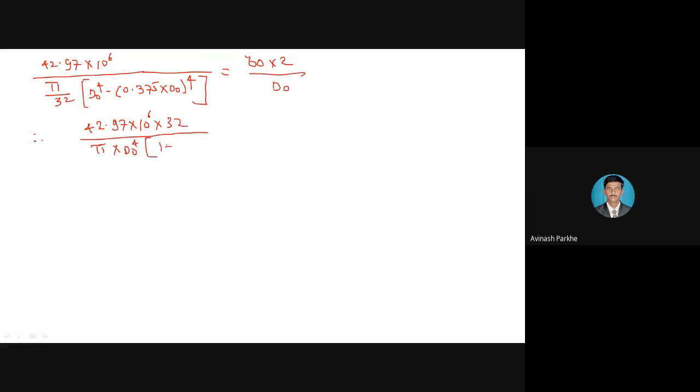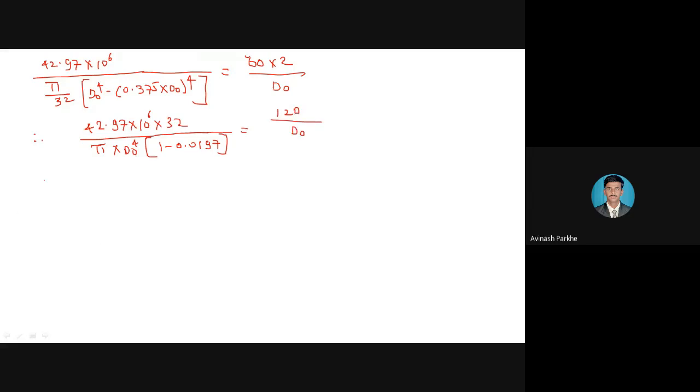So 1 minus, what is 0.375 raised to 4? 0.0197. Only the bracket is remaining. DO raised to 4 I have already taken outside the bracket. 60 into 2 becomes 120 divided by DO.